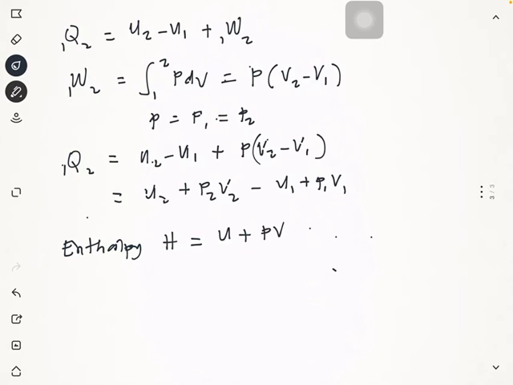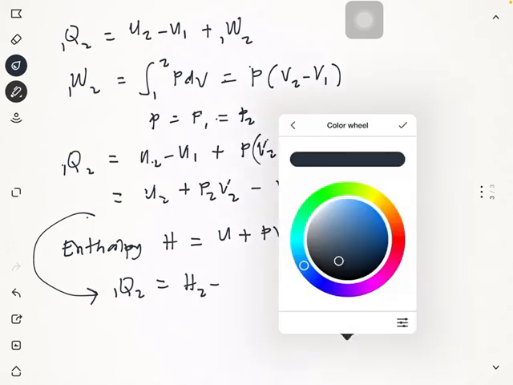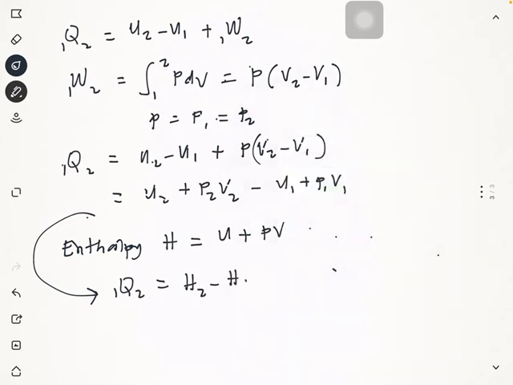So if we substitute this into our formula for the first law, we have H2 minus H1. The unit of enthalpy is also kilojoule per kilogram in SI units.